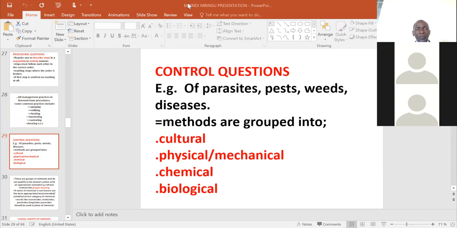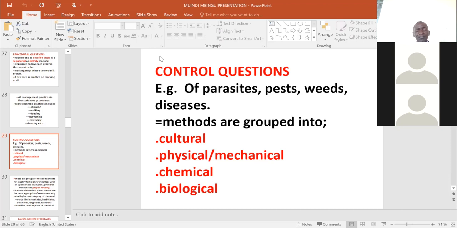If you are asked to state 4 control measures of a named parasite, please pick one control measure from each and every category. If you go for 4 measures from one category, then you'd get only 1 mark out of 4 marks.